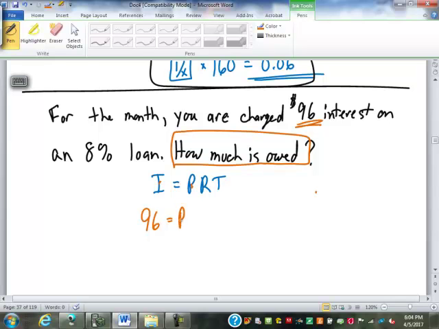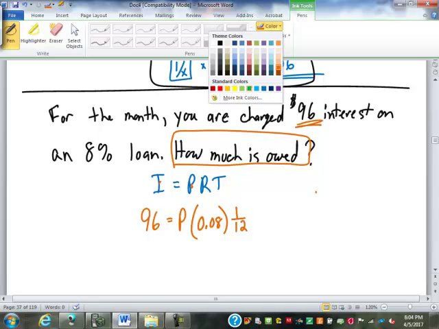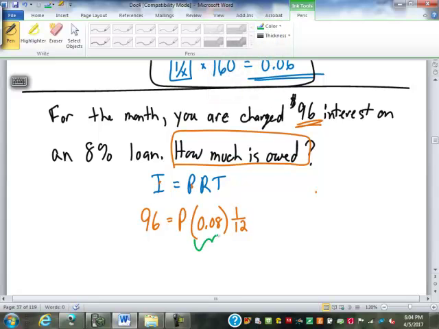So we are looking for P. We better know R because we're already missing the P. What's R? 0.08 for 8%. And T, once again, 1/12.